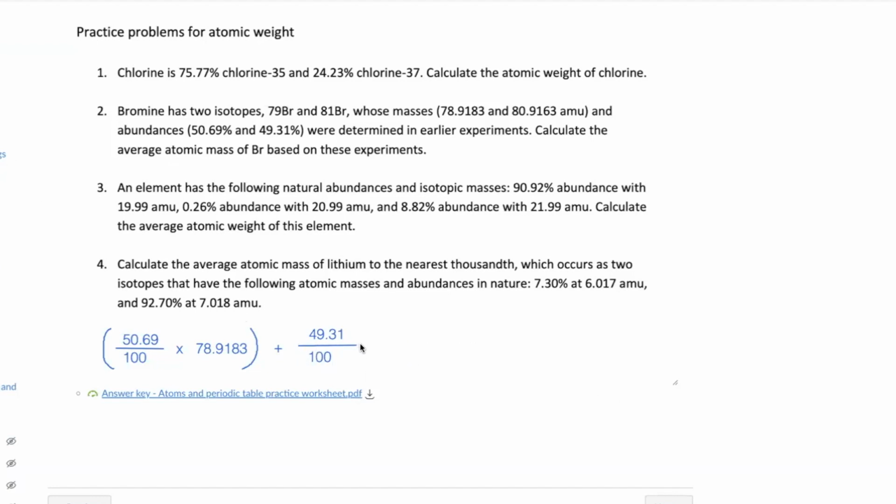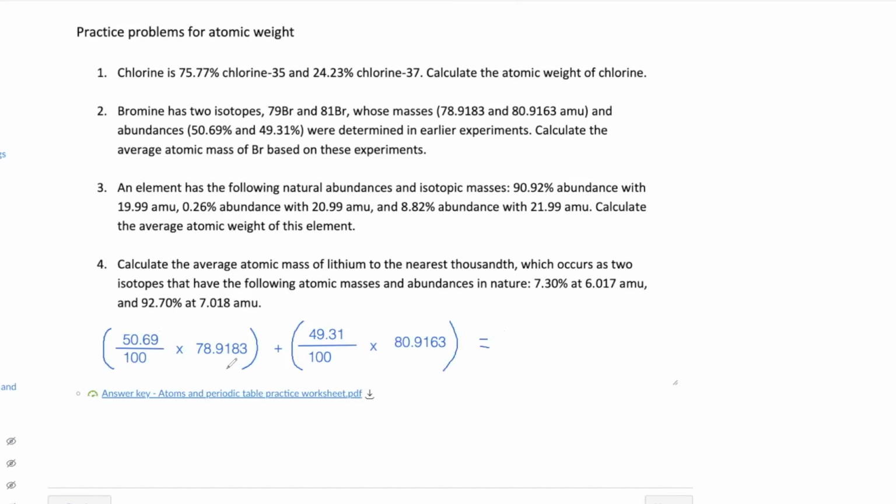Okay, so now the next thing is we need to multiply that by the mass, which is 80.9163. So now this is for bromine-81.